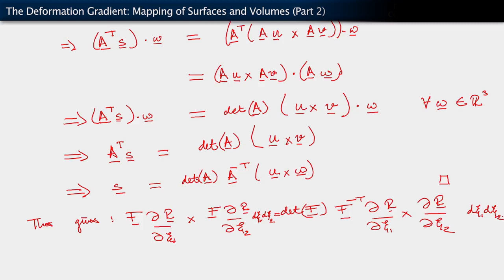The left-hand side is what we had defined a couple of slides ago as n d little a, and this is what we defined as capital N d capital A. So little n dA and capital N dA are simply the corresponding area vectors.